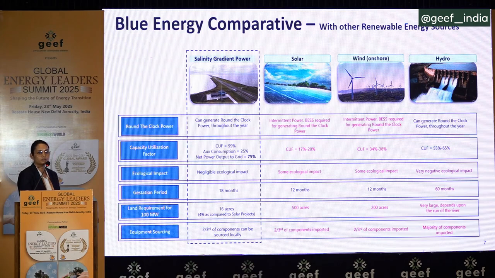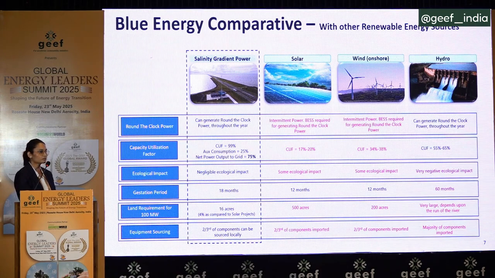CUF is capacity utilization factor. Compared to wind and solar, this is extremely high. Out of this 99%, roughly about 25% is consumed as aux, so the net power output is still 75%. There is no ecological impact observed in the pilot projects that we have put up globally. We have 2 pilot projects running globally, one in the Netherlands, the other in Spain.